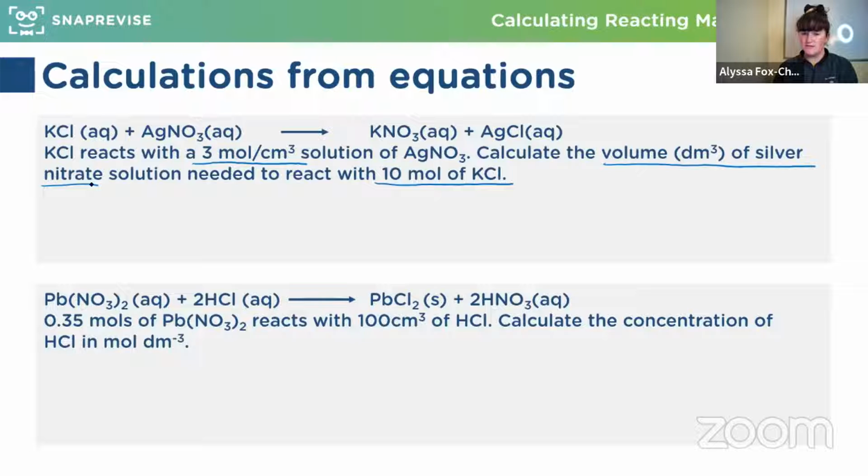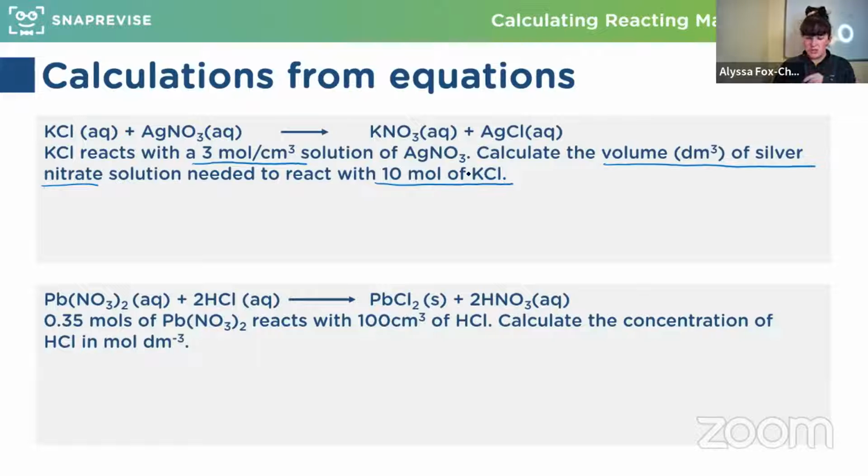How do I start with this? It's a little bit different to the one we've just done, because now I'm starting with an amount of KCl, but I'm trying to find out an amount of silver nitrate, AgNO3.